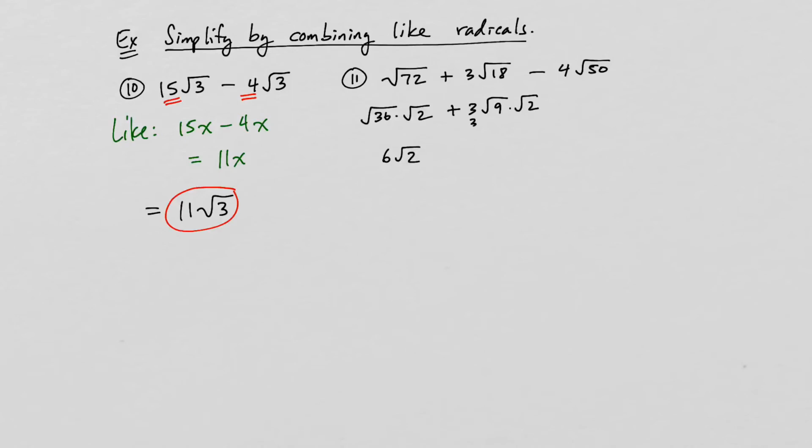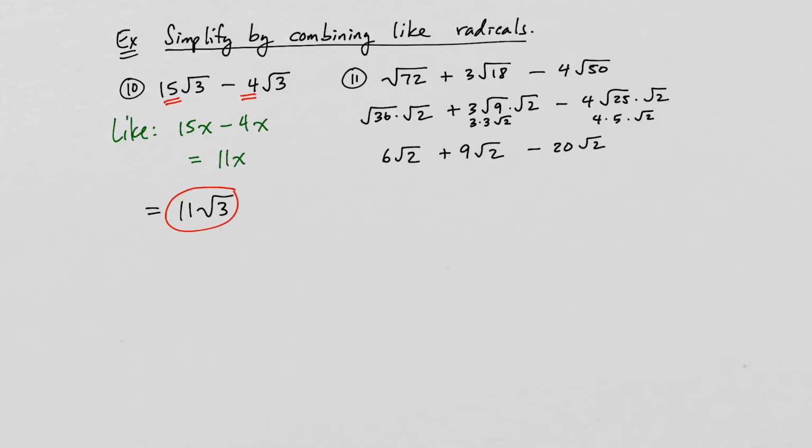And that's going to be 3 times 3 radical 2, which is actually 9 radical 2. And then finally we have minus 4 times radical 50. Radical 50 is radical 25 times radical 2. And this is 4 times 5 times radical 2. And so we get minus 20 radical 2.